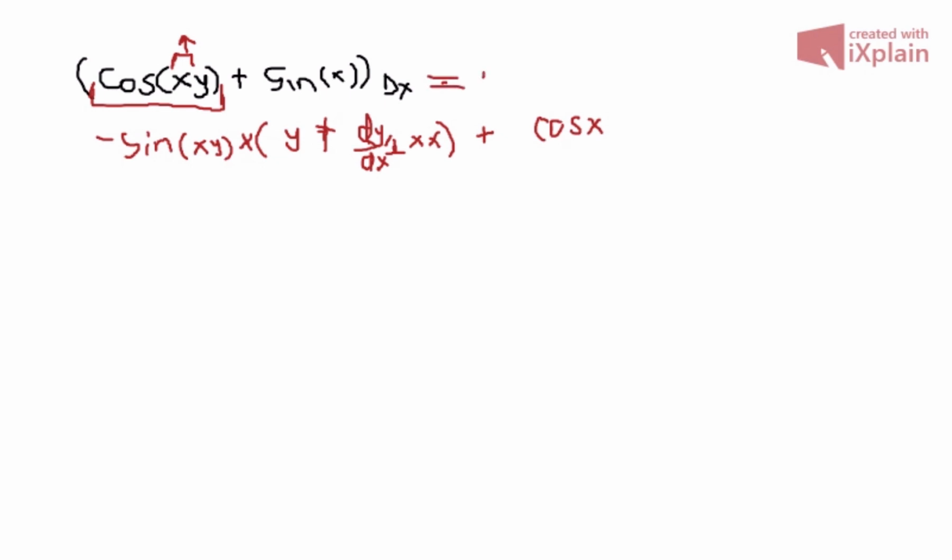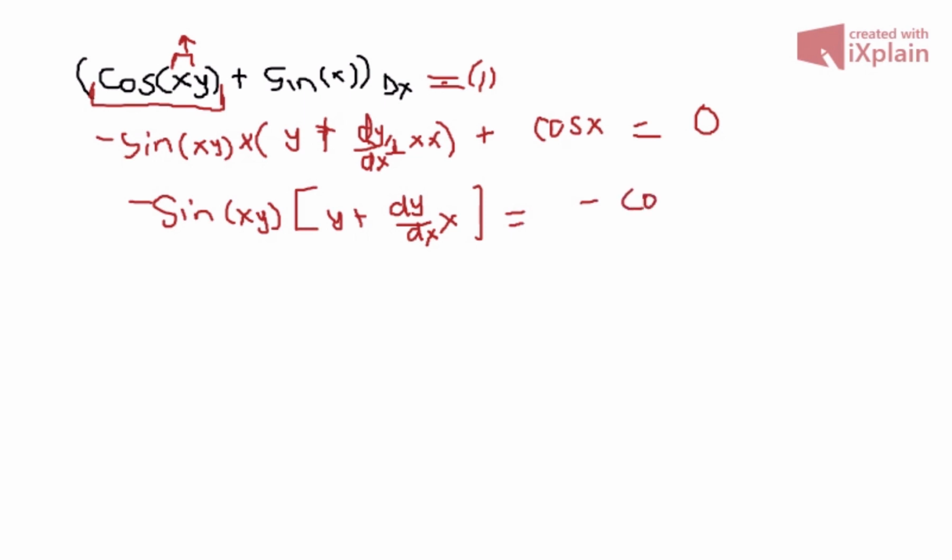Let's say the equation is equal to 1, then deriving it gives 0. Now we have negative sine xy times y plus dy over dx times x, plus cos x, equals 0. So negative sine xy times y plus dy over dx x equals negative cos x. Then y plus dy over dx x equals negative cos x divided by negative sine xy.